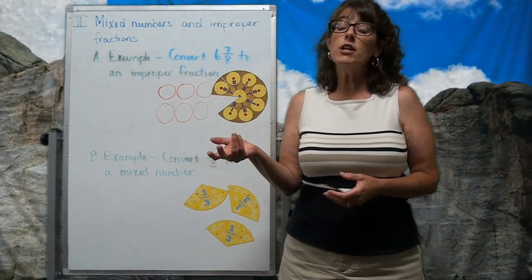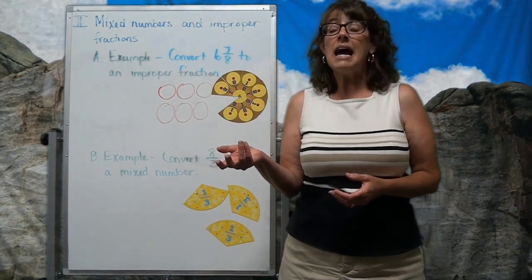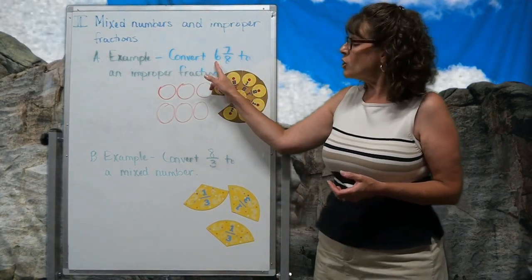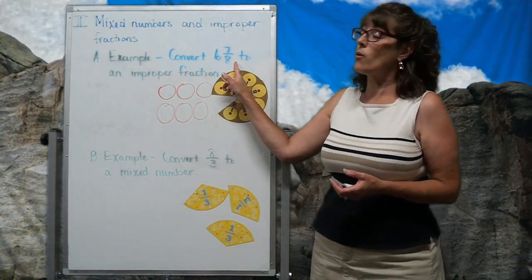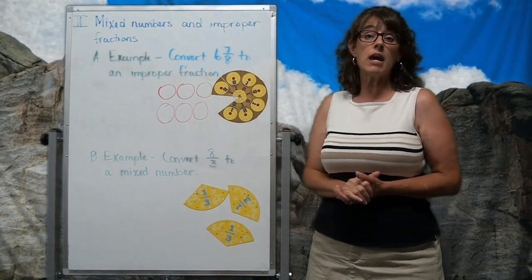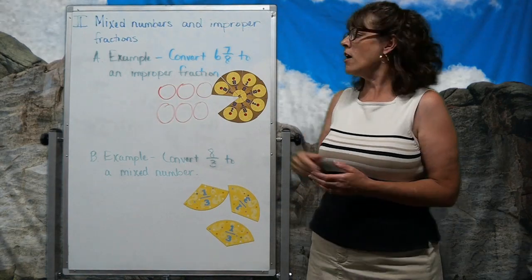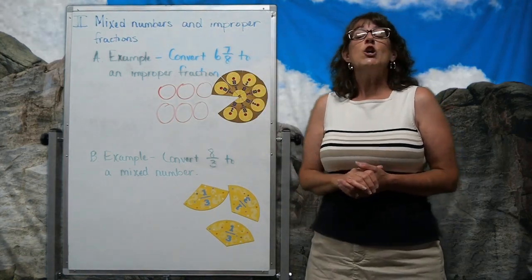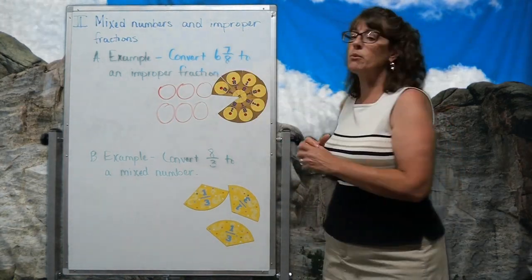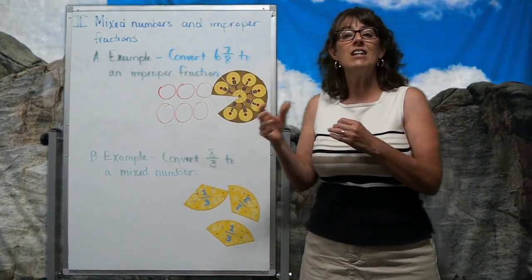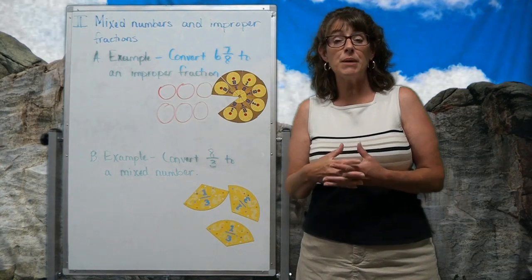But my last friend, unfortunately, I've run out of candy. I only have 7 pieces of candy to put in that bag. So I have 6 whole bags, but my last bag only has 7 out of those 8 pieces of candy. Again, there's that word out of. Out of is going to indicate division. So here again, this idea of a mixed number indicating 6 whole pieces, but only 7/8 of that last piece.